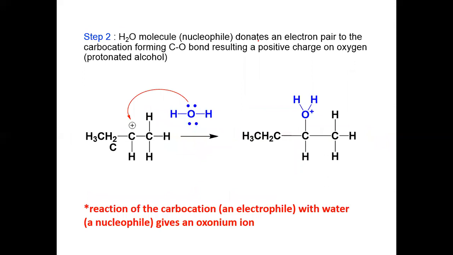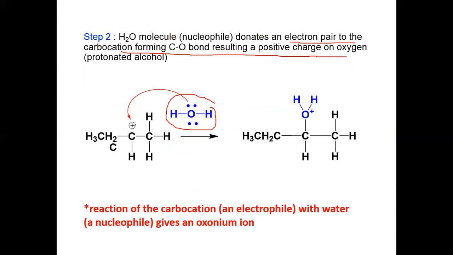Okay, second step. Water molecule tadi, nucleophile, donates an electron pair to the carbocation forming CO bond, resulting in positive charge on oxygen, protonated alcohol. So the whole thing get attached dekat carbocation ni.